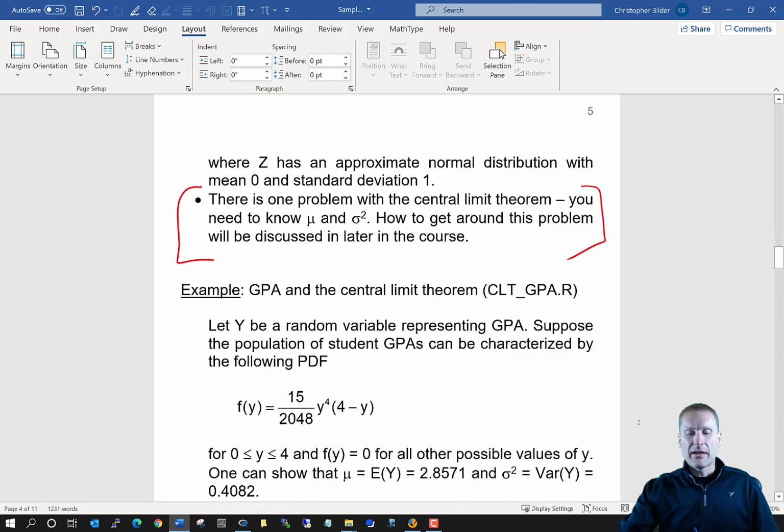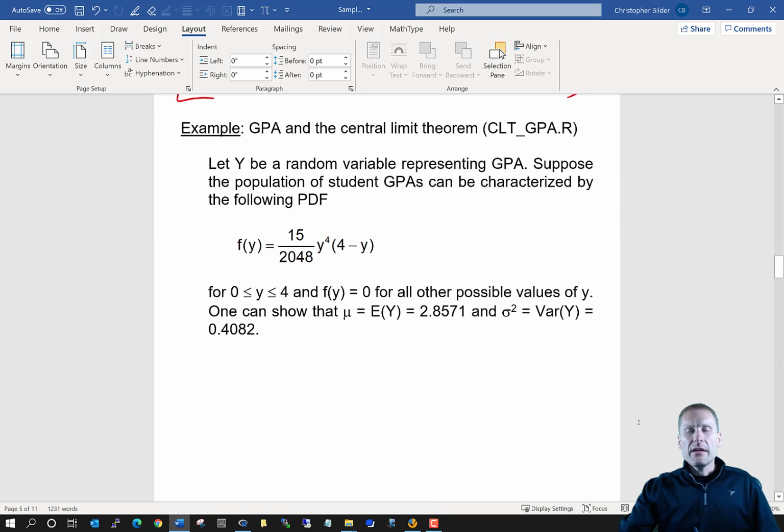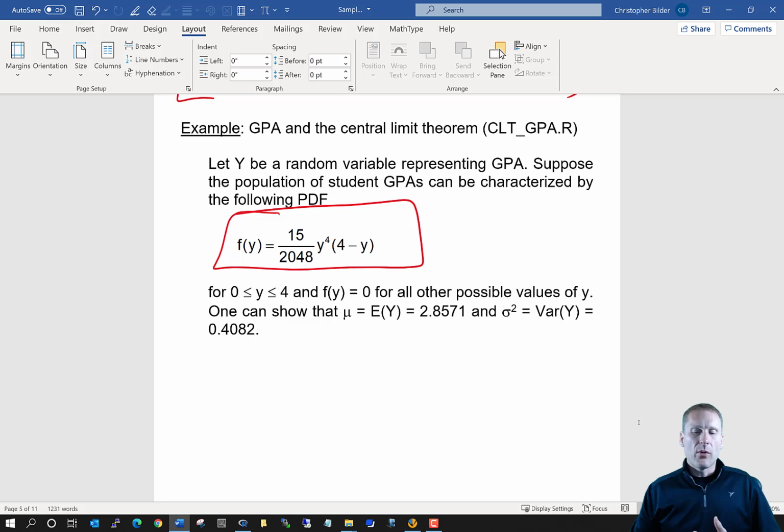Okay, so let's take a look at an example. This goes back to an example that we've kind of seen before, dealing with GPAs. Let's say that y is a random variable representing GPA, and let's say that we happen to know what that population probability distribution is. It looks like this: f of y equals 15 divided by 2,048 times y to the fourth times 4 minus y, for GPAs between 0 and 4.